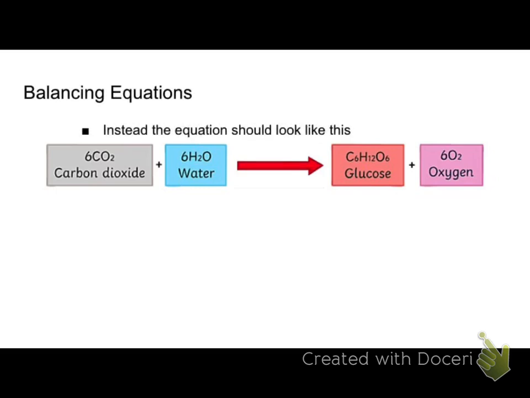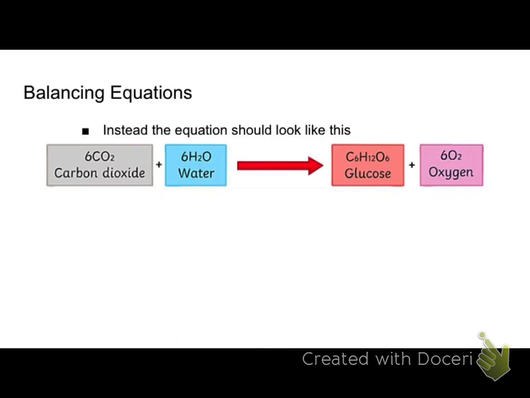So this is what the equation looks like when it's balanced. Okay? Notice how this time, instead of just being little numbers, there are big numbers as well, right? If you have a big number in front of a molecule, that's the same as saying you have that many of that molecule. So notice how it says 6 CO2?